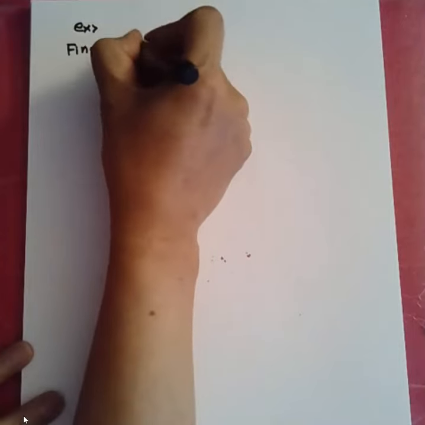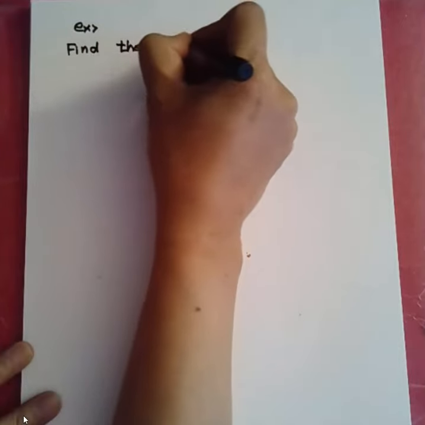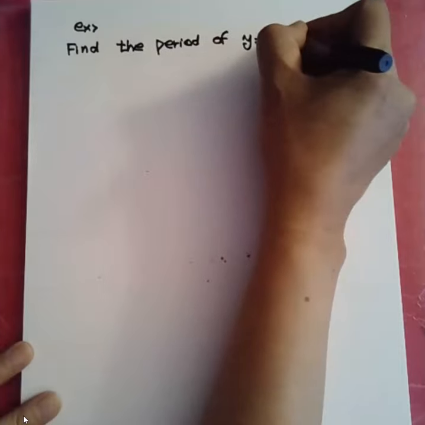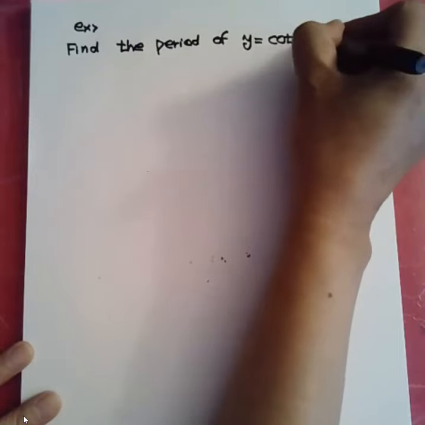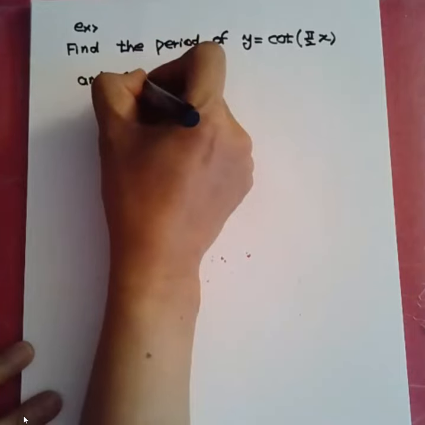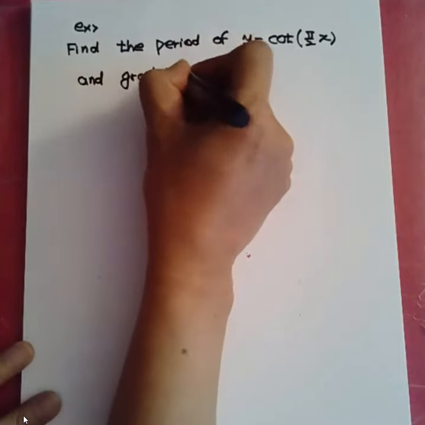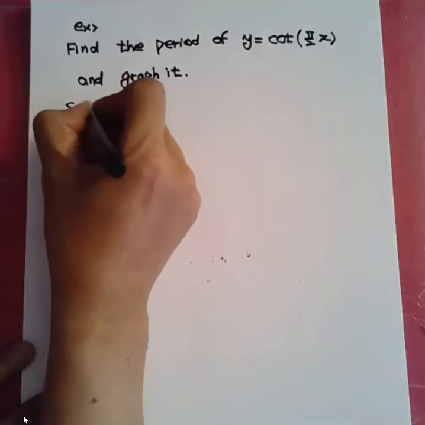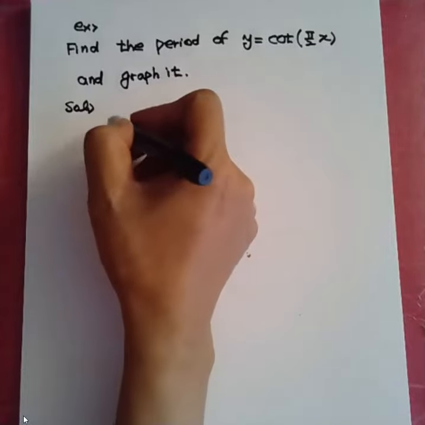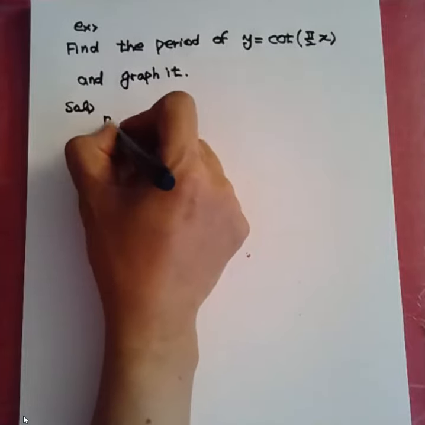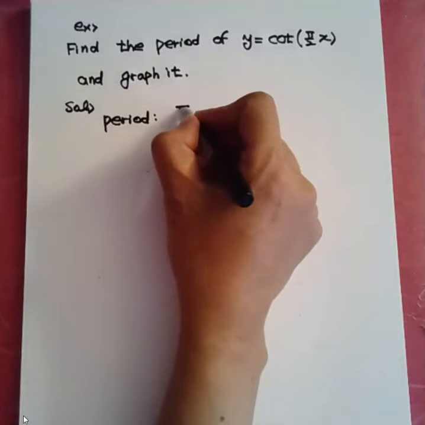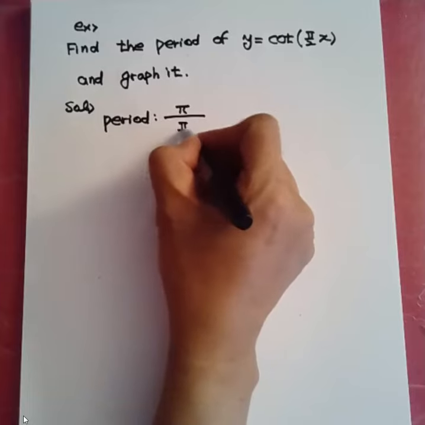Let's find the period of y equals cotangent of pi over 2 x and graph it. We will use the period formula. Period was pi over pi over 2.